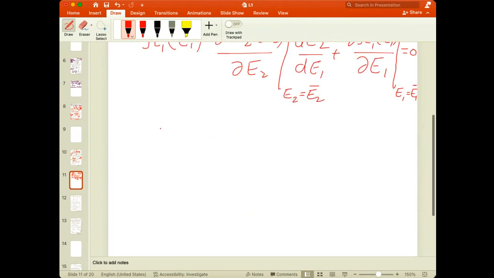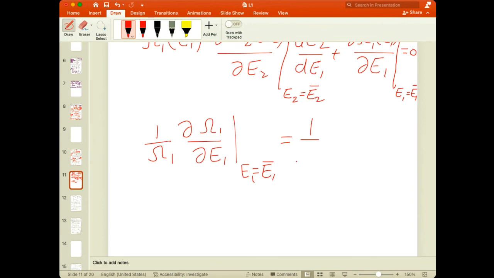Let me write it. We have 1 by omega 1 times curly omega 1 by curly E1 at the equilibrium value. On the other side, I will have 1 upon omega 2 times curly omega 2 by curly E2 at the equilibrium value, right?